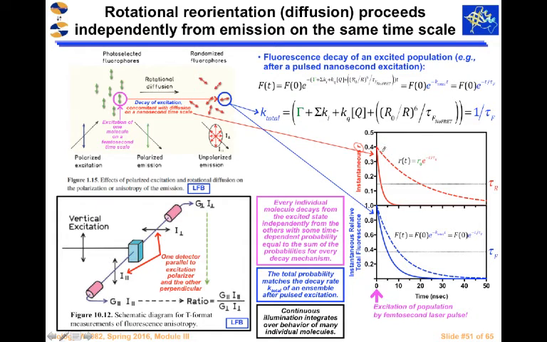The anisotropy decays as a single exponential, and the time constant for that exponential is the rotational correlation time. The rotational correlation time is a standard measure of the rotational diffusion rate. Longer rotational correlation times mean slower diffusion: it takes longer to go down to 1 over e of the memory of the initial orientation. With a shorter rotational correlation time, it takes a shorter period of time to go down to 1 over e of the initial orientation.